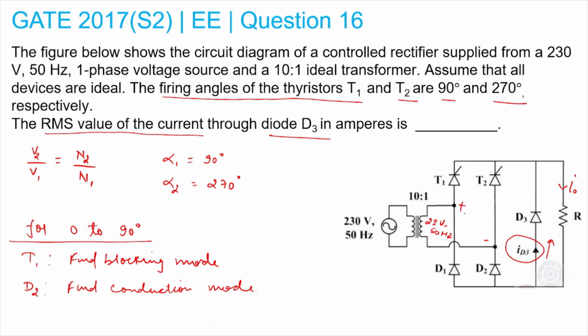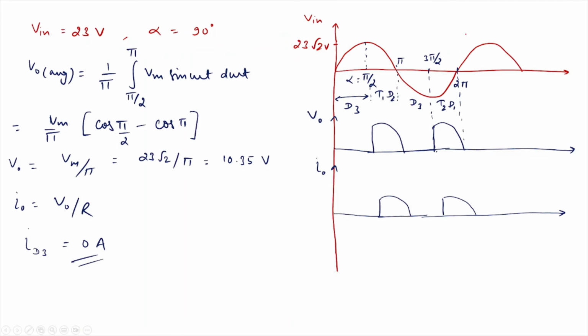And since T1 is not conducting till 90 degrees, D2 would not have any other path to close the circuit. So after 90 degree, when T1 and D2 both are in forward conduction mode, from 90 degree to 180 degree, T1 and D2 conduct.